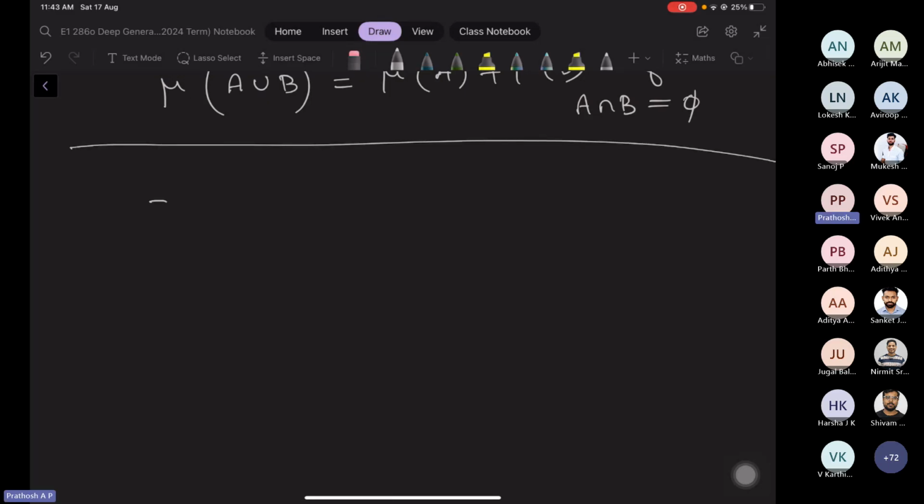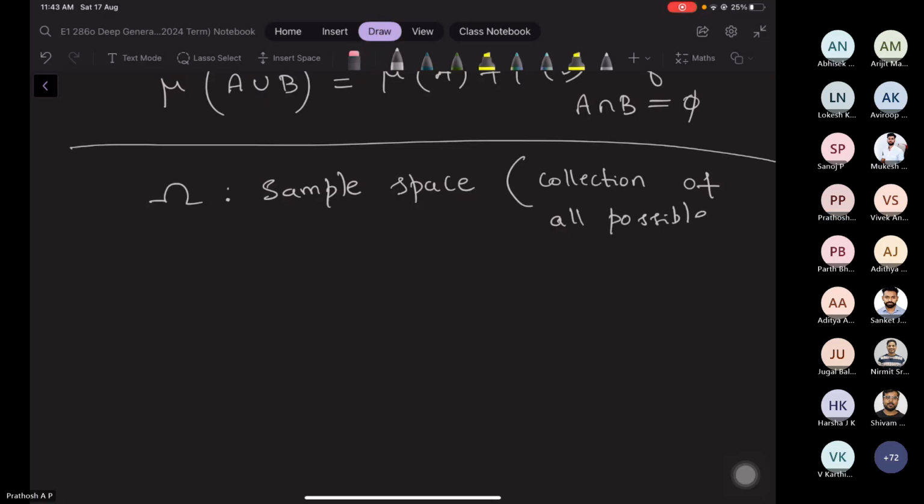So we have this set, which is the sample space: a collection of all possible outcomes of a random experiment.